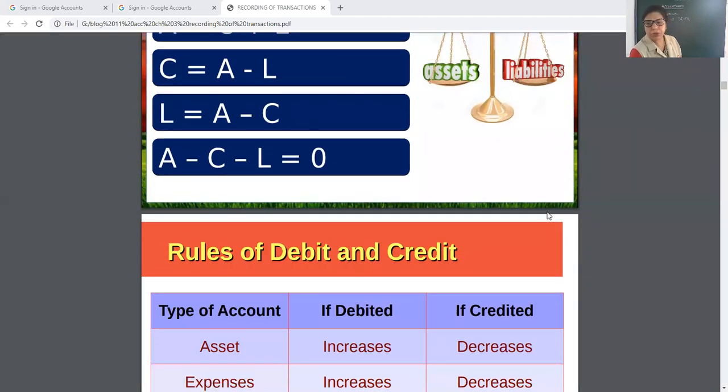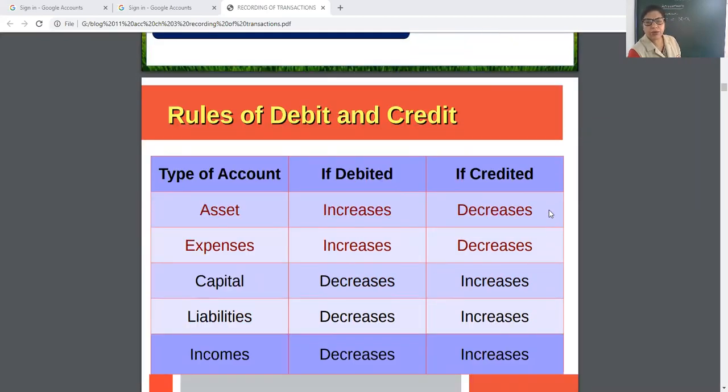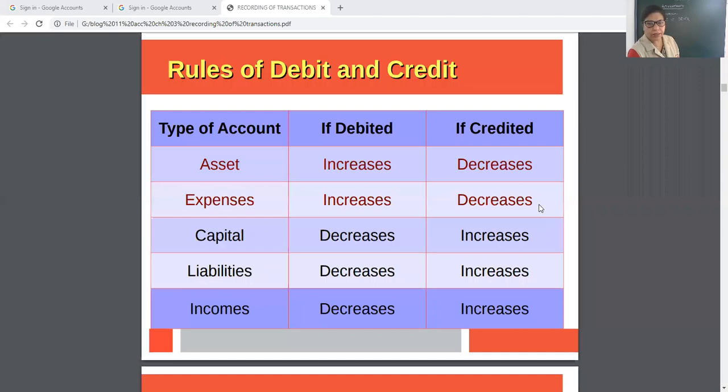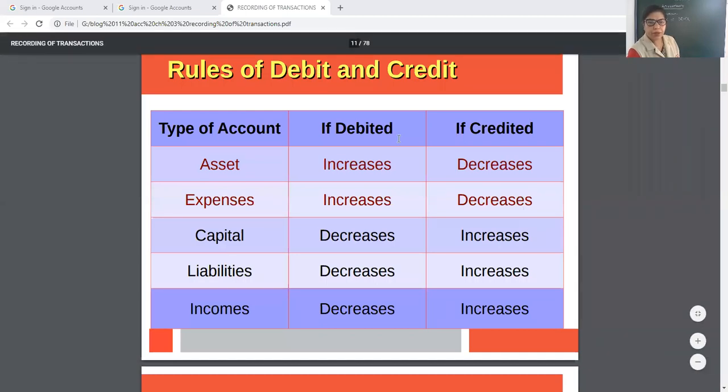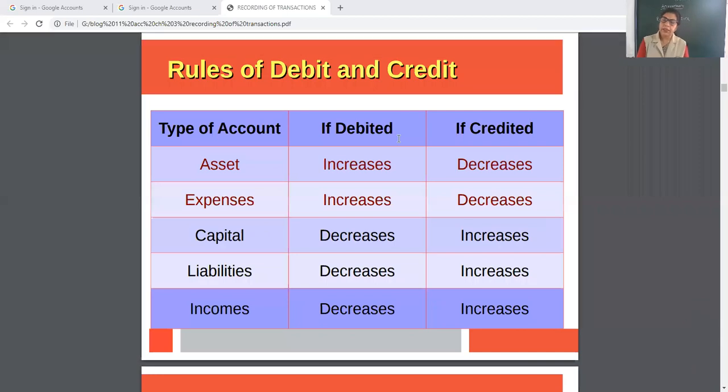Now come on to the next slide. These are the rules of debit and credit.